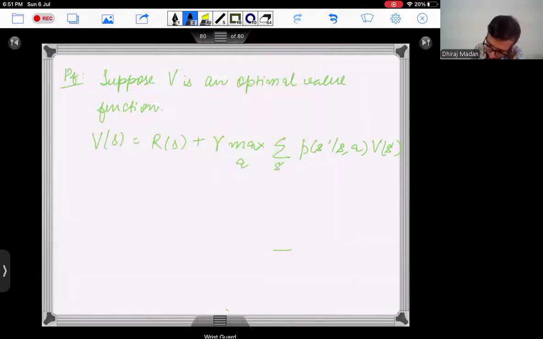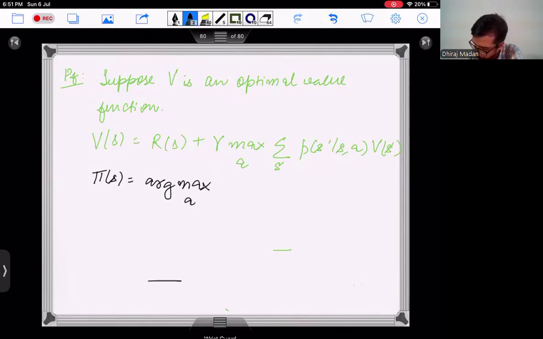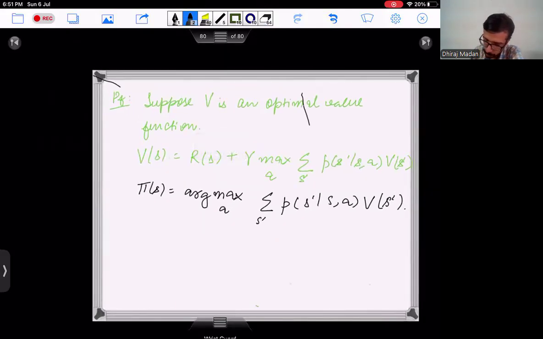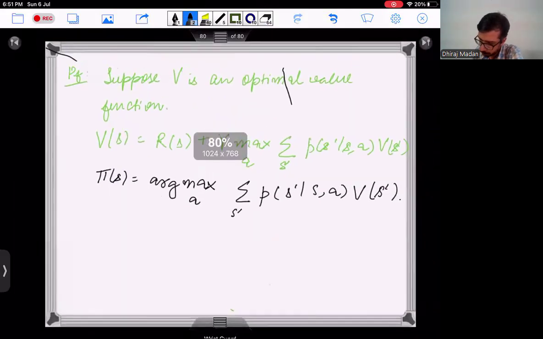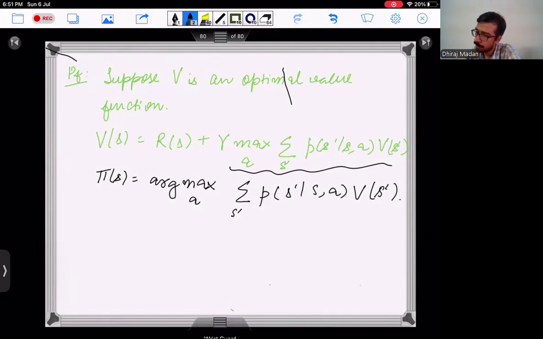We compute pi of s as the argmax over a of the sum over s prime of P of s prime given s, a times V of s prime. So the action which maximizes this quantity is chosen to be pi of s.